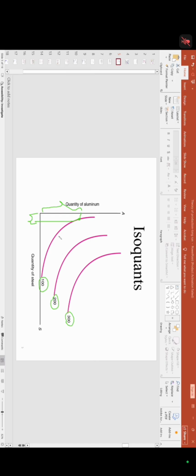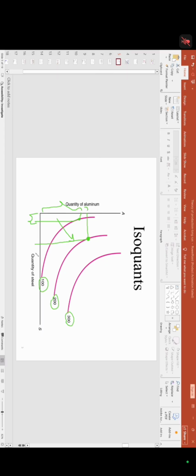Okay? Assume that you need to produce 200 here. So with this particular period, you cannot produce 200. If you want to produce 200, of course, you need to expand your units of inputs. So if you are going to produce 200, of course, you need to produce this using this combination of input.